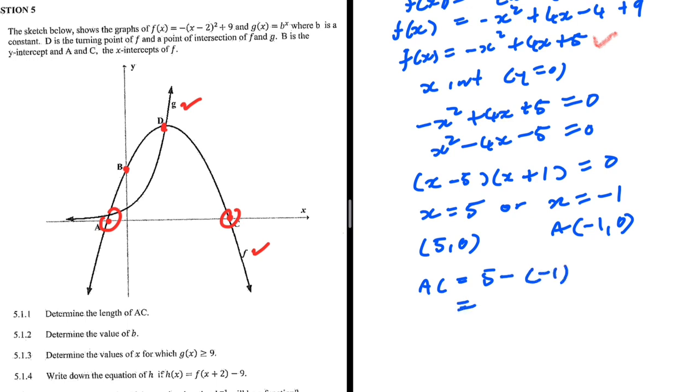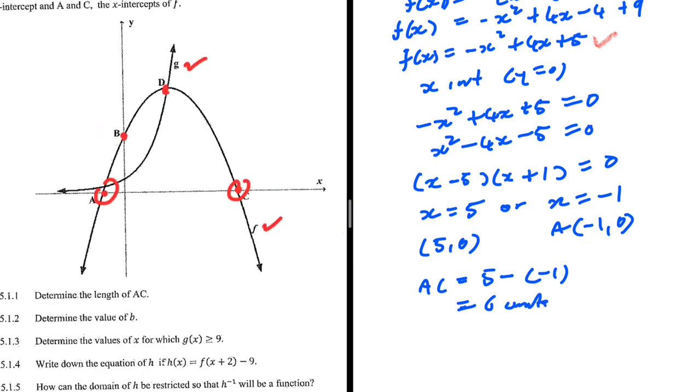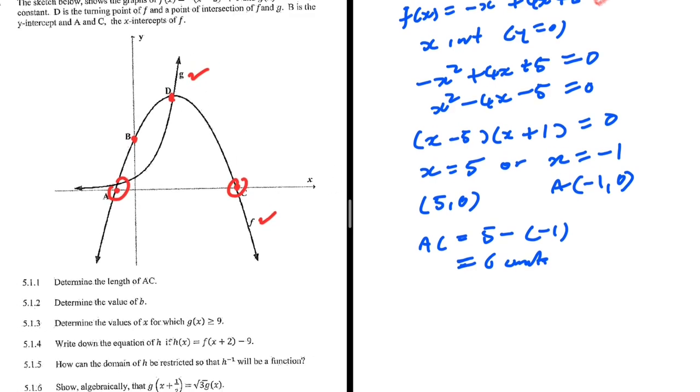Okay, and this is 6 units. We know that from the origin to C is 5 units, and from A to the origin is also 1 unit because A is minus 1. So 1 plus 5 equals 6. So I think we have done everything the right way there. So that is 5.1.1.